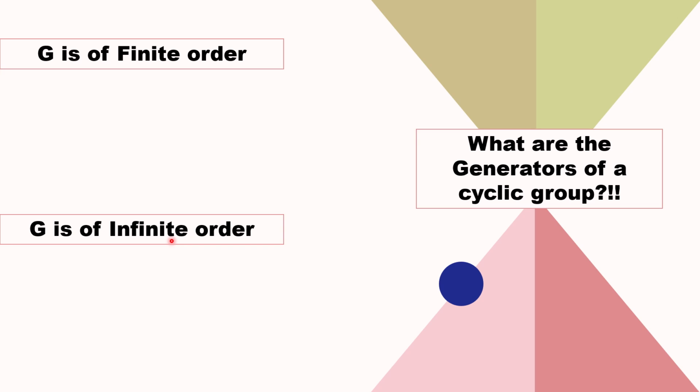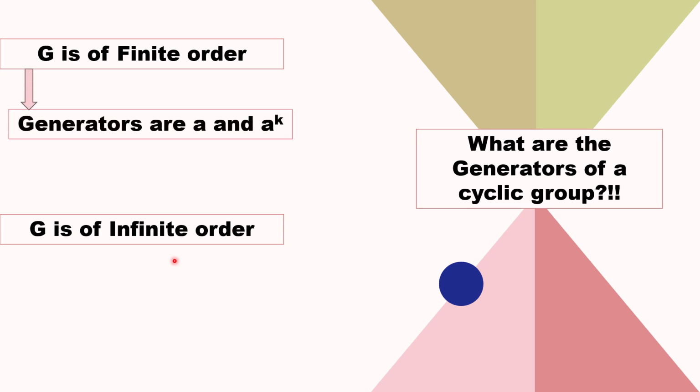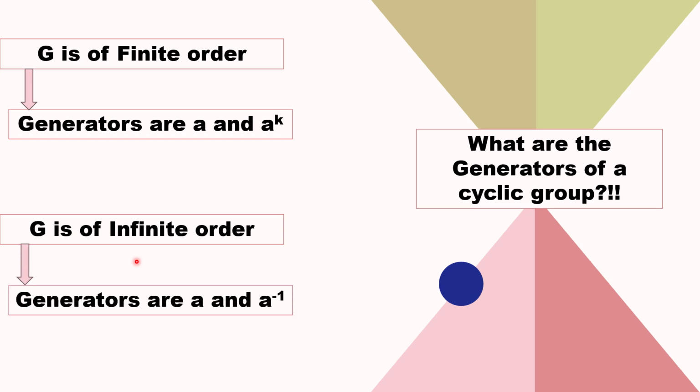So what are the generators in a finite cyclic group, and what are the generators in an infinite cyclic group, right? The theorem says that for a finite cyclic group, the generator is A raised to k. Saying A and A raised to k means it's basically generated by A raised to k. Instead of writing A separately, we do not write that.